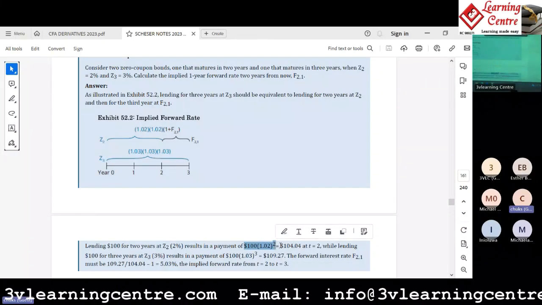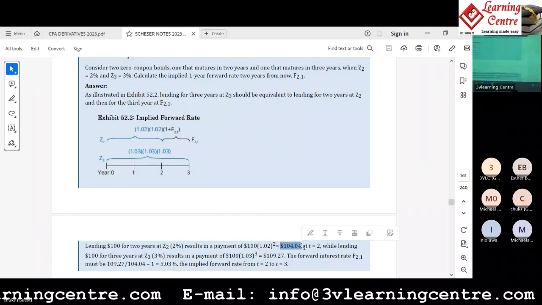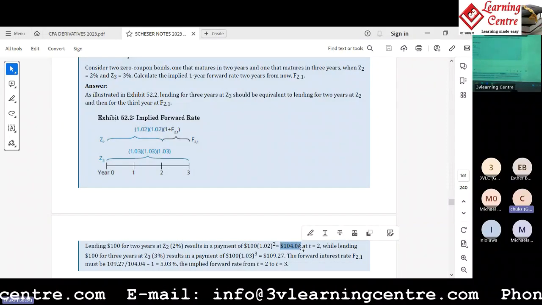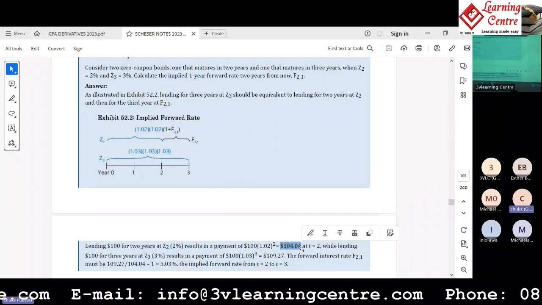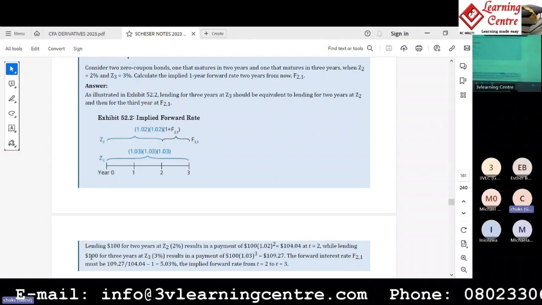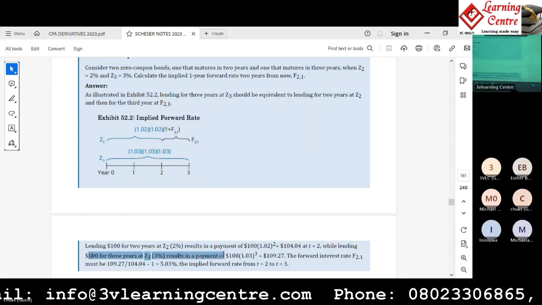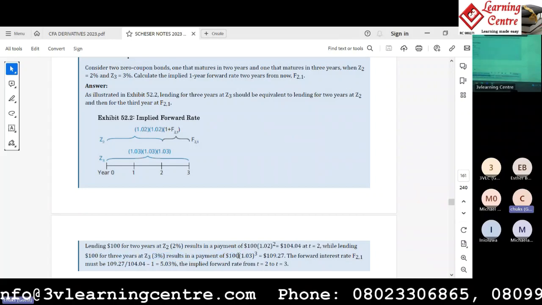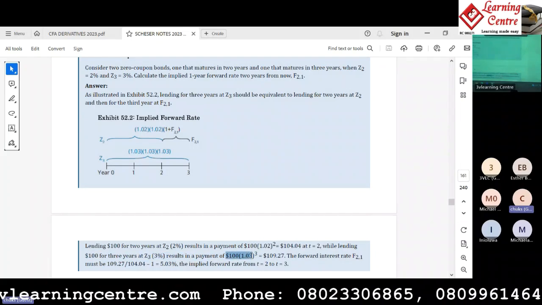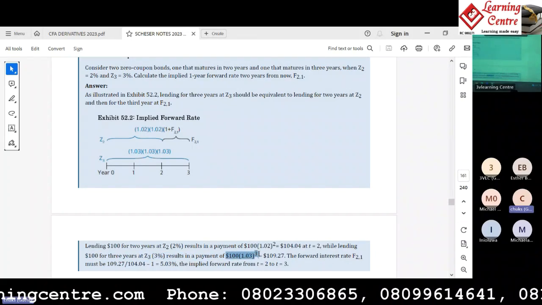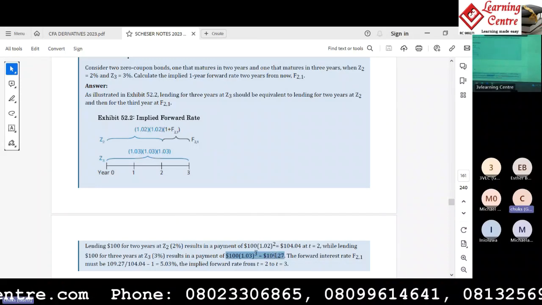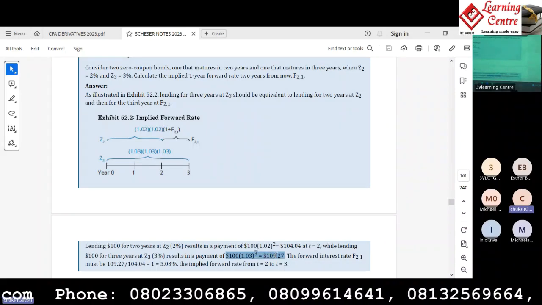So the future value is 104. So this is 2% for 2 years. While lending $100 for 3 years results in $100 times 1.03 because it's 3% for 3 years, which gives us 109.27.